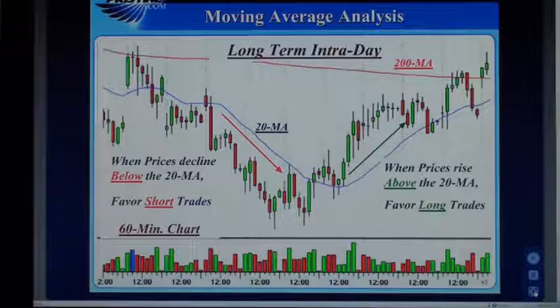The 60-minute chart is our long-term intraday chart. And when prices are declining below their 20 MA, we'll favor shorts. Note the red arrow pointing down under the 20 MA. Note the wide range bearish bar breaking down out of the consolidation on the 60-minute chart.